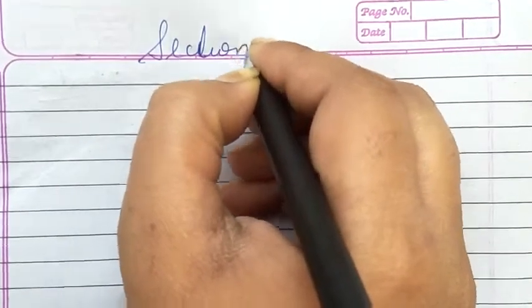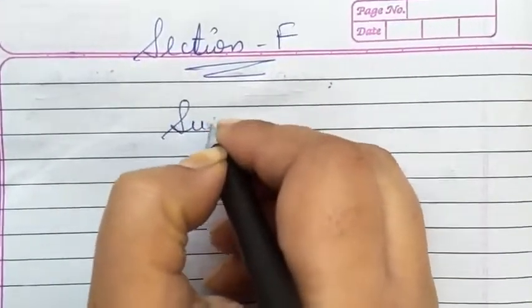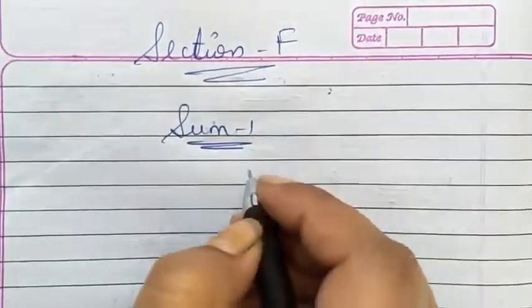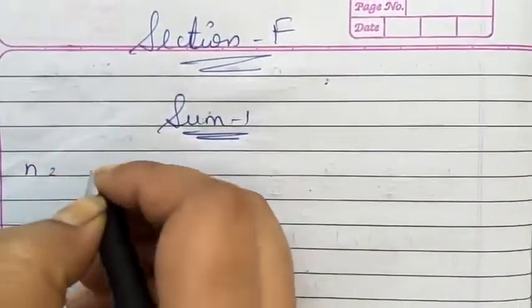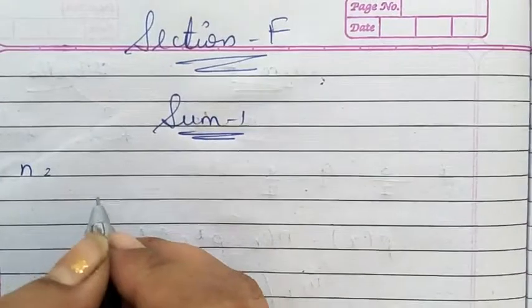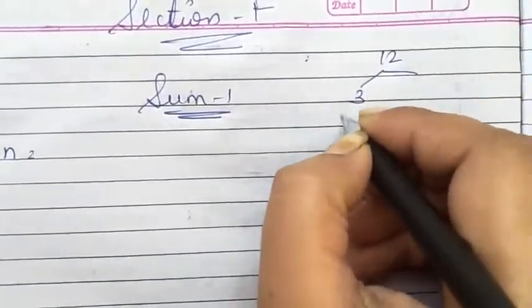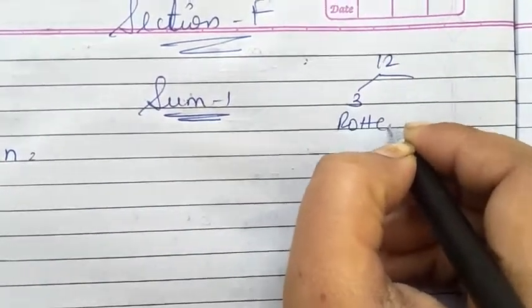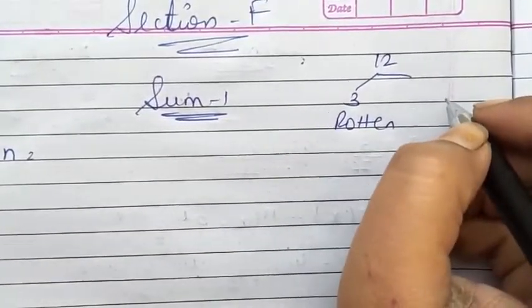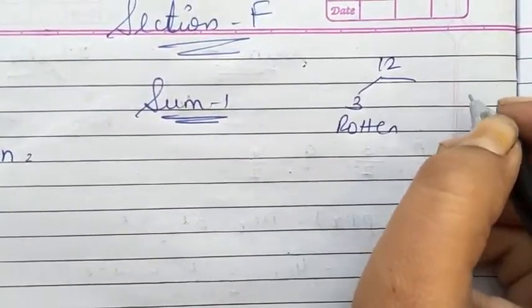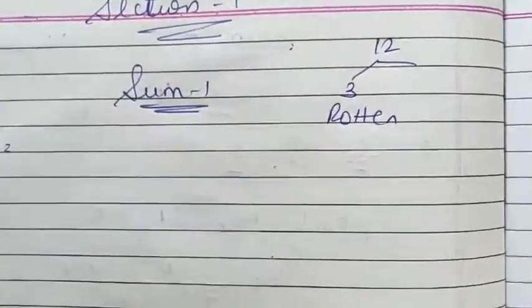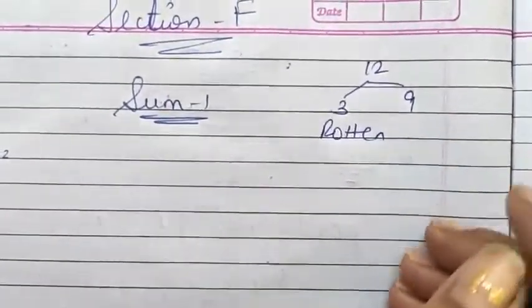So now let us start with section F, sum number 1. First let us take N. Now see, a total of 12 mangoes are there. From those, 3 are rotten and the remaining 9 mangoes are not rotten.